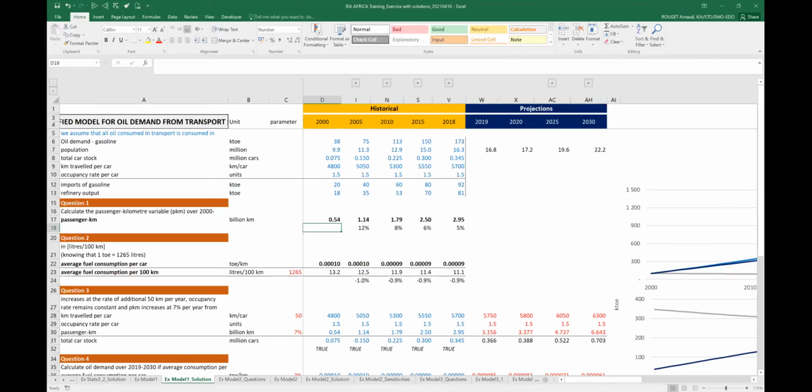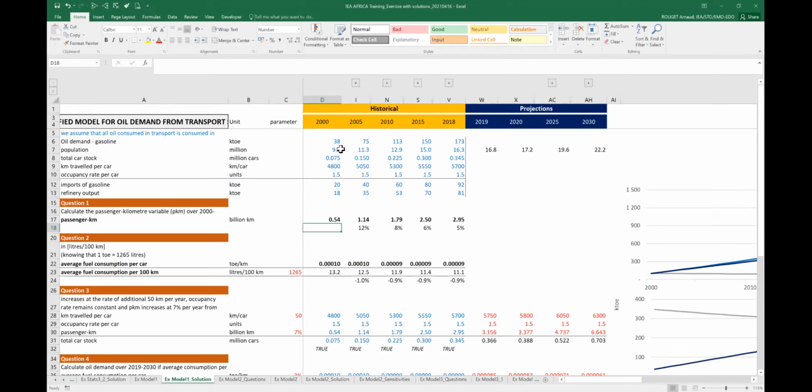Likewise, for the fuel consumption efficiency, in our exercise, what we have done is we have looked at the entire quantity of gasoline, of oil products consumed in the country, and this is data that should be available at the Ministry of Energy, or again maybe the Ministry of Transport: how many liters of diesel, how many liters of gasoline are sold for the transport sector.